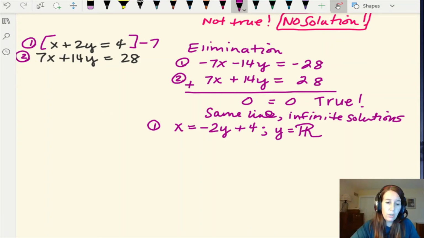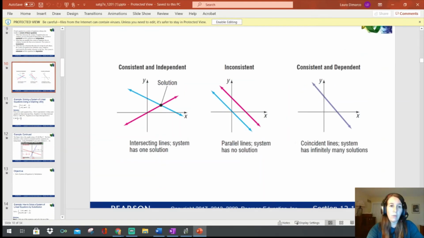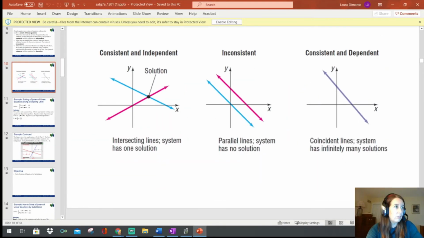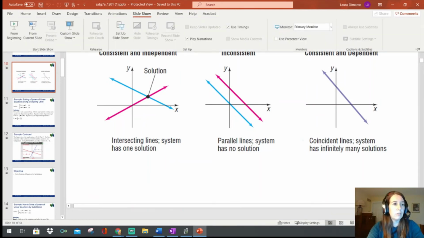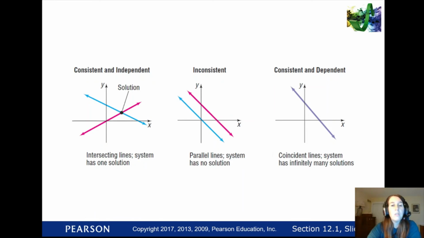So I want to show you a picture of what we've been talking about when we have different types of solutions. And so I definitely want you to draw this and write it down. So let me just look at this a little bigger. There we go. Okay, so we've had two lines. The first example that we did was one line and another line, and they intersected in a point, x comma y.